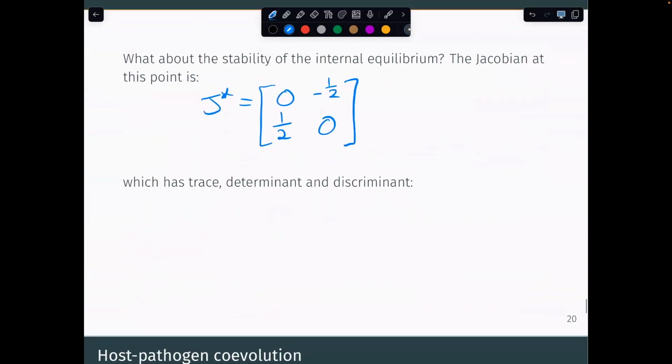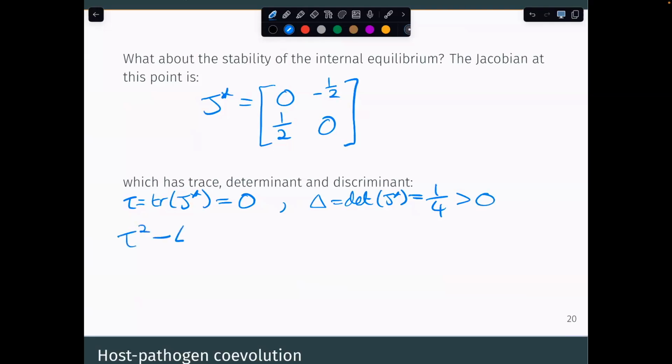Okay, you can work out your eigenvalues directly, but let's just consider the trace and determinant. So our trace, which I'll call tau, is going to equal what? 0. And I'll call delta my determinant, is going to equal what? 1/4, which is positive.